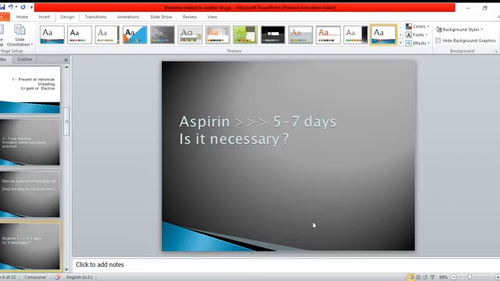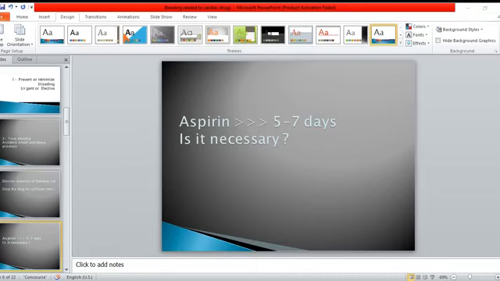If the patient is on dual antiplatelet therapy, aspirin and clopidogrel, or aspirin and ticagrelor, we may need to stop just clopidogrel or ticagrelor, and we can continue aspirin in almost all surgeries.